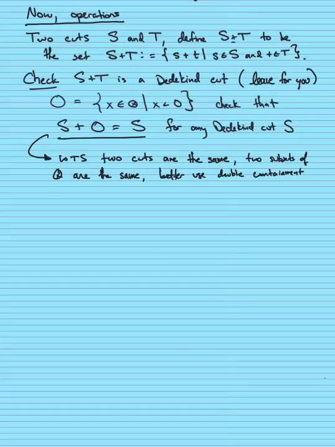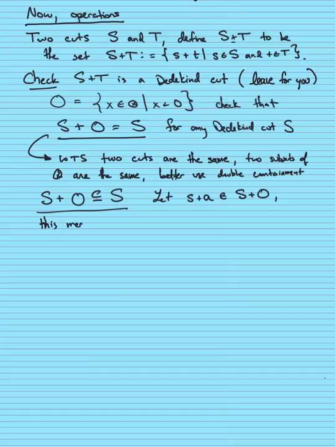Okay, so let's show that S plus 0 is a subset of S. Let s plus a be in S plus 0. So this means s is in S, and a is less than 0.